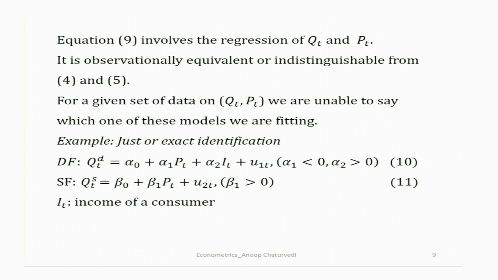So, this equation 9 is observationally equivalent or indistinguishable from 4 and 5. Then what is the problem? Suppose you have a given data set on q t and p t and you are estimating the parameters using some method.